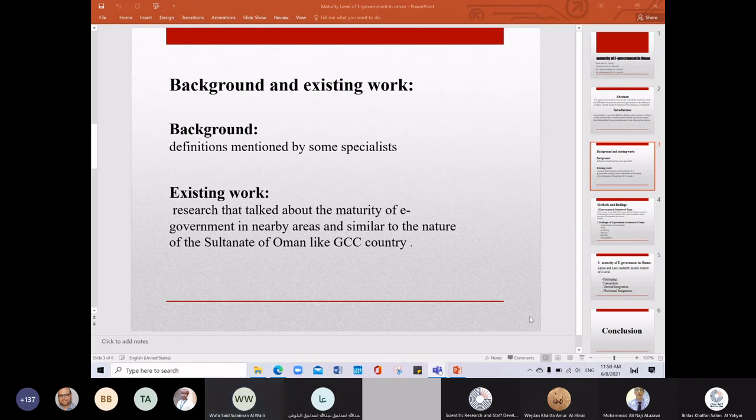So we turned to some research that talks about the maturity of e-government. In this research, we found the nature of the state of Saudi Arabia, which is close to the nature of the Sultanate. Next slide, Miss.